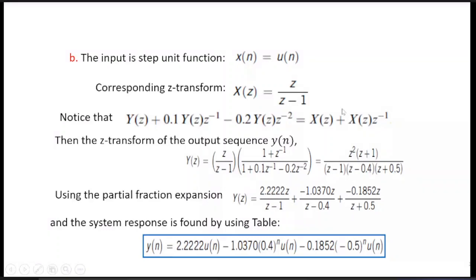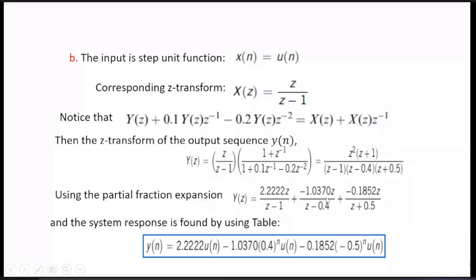The same way as the previous case, we now find Y(z) as this. In place of X(z), we write z by z minus 1 and the remaining part is the same. So we get an additional term, that is a pole at z equal to 1.